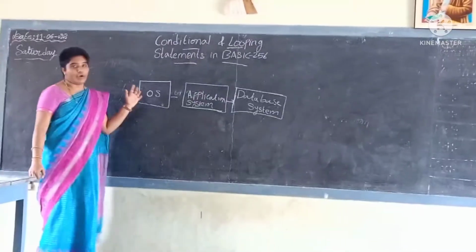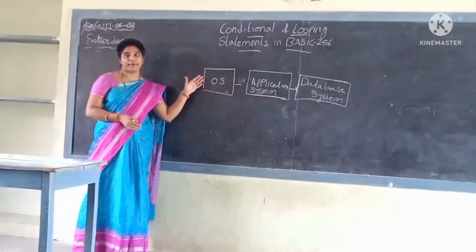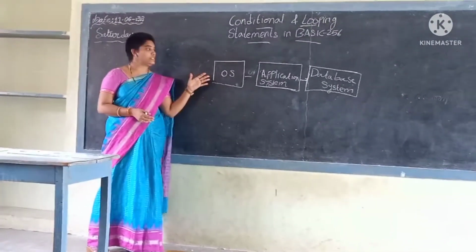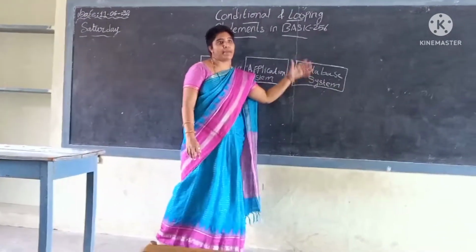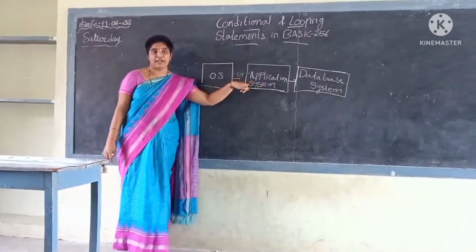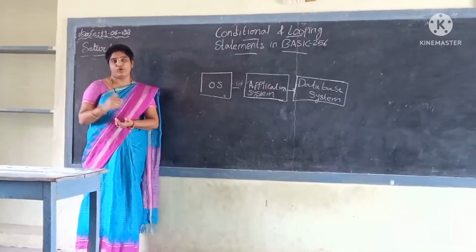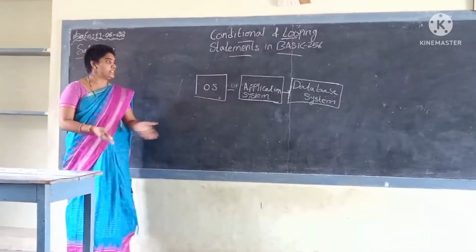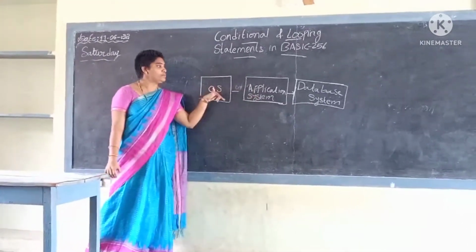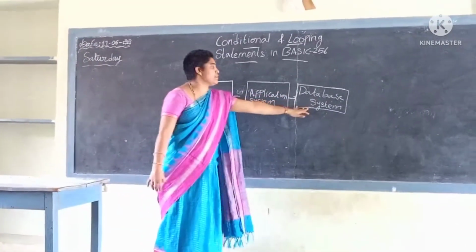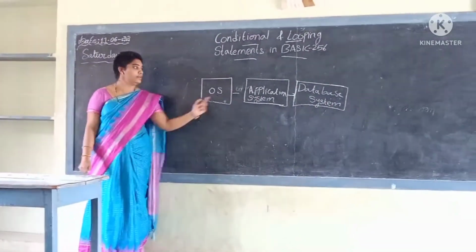The operating system is a backend process; we cannot see it. The database system is also a backend process. Our front-end process is the application system: the programs we write, we can see on the screen. So both the operating system and database system are back-end processes, and the application system is the front-end process here.